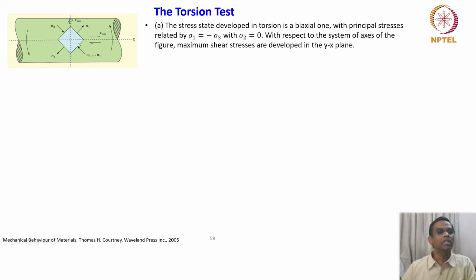So you see this sigma 3 and then sigma 1 and then shear stress wherever it is acting. This schematic clearly shows the state of stress. With respect to the system of axes of the figure, the maximum shear stresses are developed in the y-x plane.